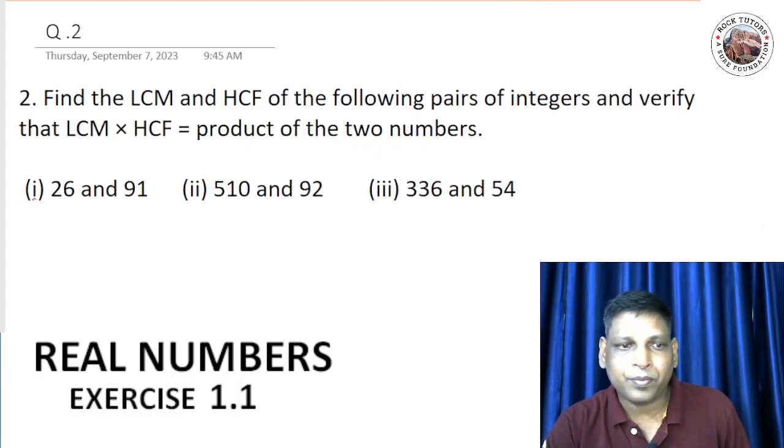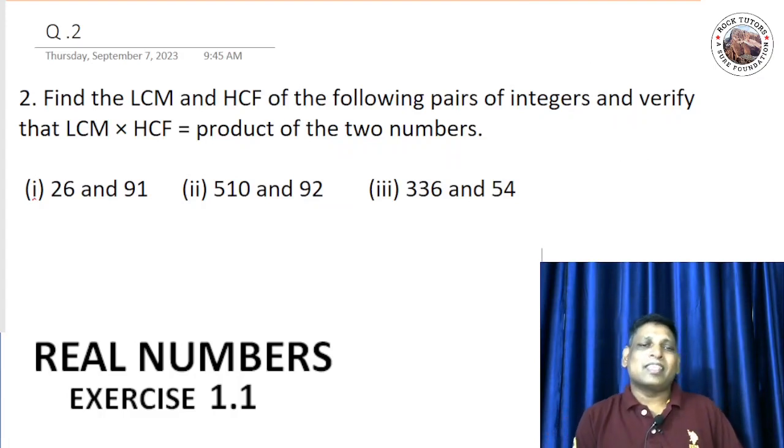Second question. Find the LCM and HCF of the following pairs of integers and verify that the product of LCM and HCF is equal to the product of the two numbers.